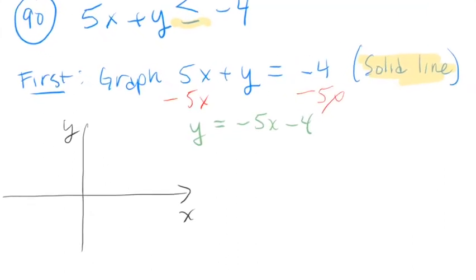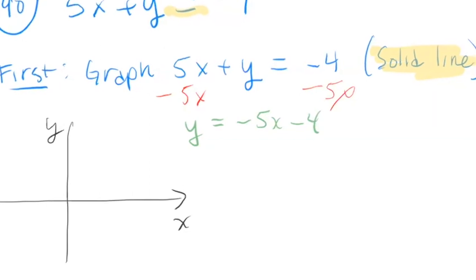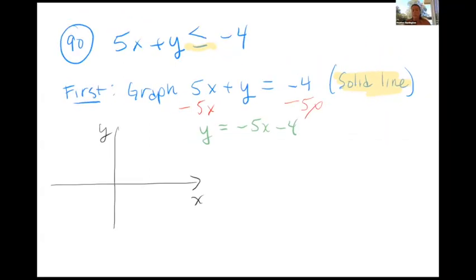Professor, why isn't it negative 4 minus 5x? They're actually the same, because of the commutative property of addition. You can write that as negative 4 minus 5x. Those are the same numbers, because you can look at it as negative 4 plus a negative 5, and here we have two things that you can switch around.